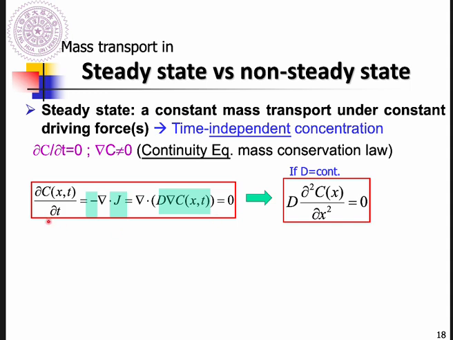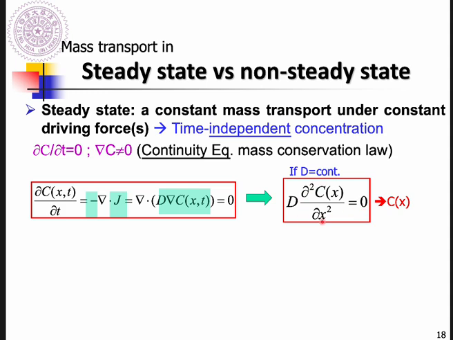So the easier way is to take the diffusivity out. If the diffusivity equals a constant, we can take it out. Then we have the diffusivity outside, right? And the concentration, taking the second derivative with respect to x, equals 0.